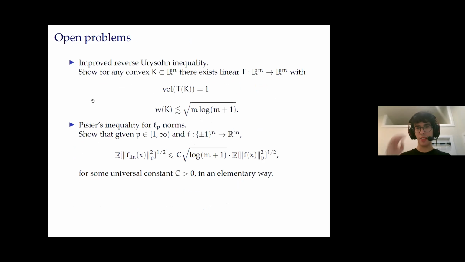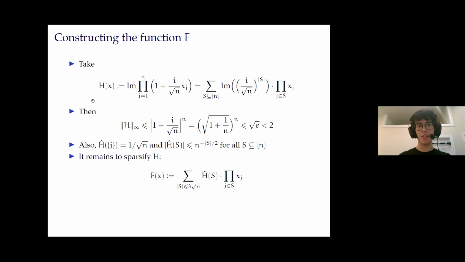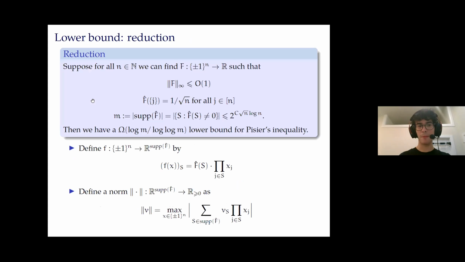And also, I think for LP norms, we can actually show a square root log m improved factor for Pisier's inequality. So notice that the norm we had was some L infinity norm, but it was after a linear transformation of this vector v.